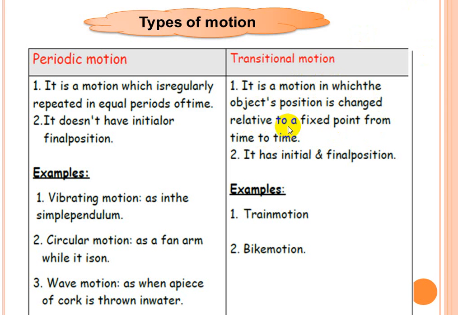In this case, there is an initial and final position, a starting point and an ending point. For example, train motion, bike motion, car motion, your motion is considered transitional motion.